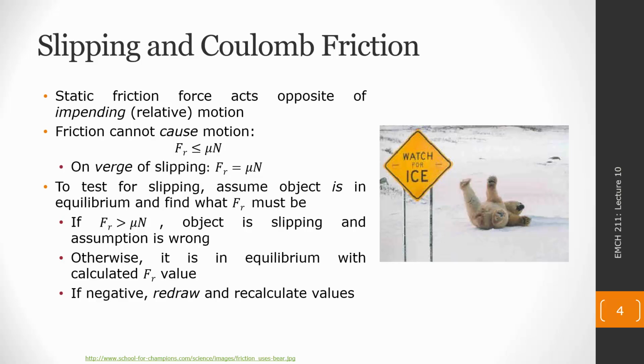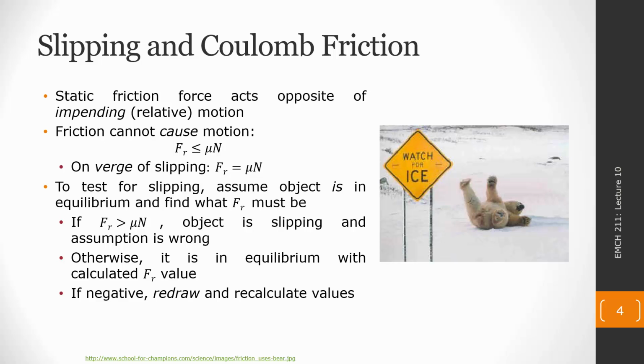So if it's unclear, we want to draw it in a direction we think is right, but when we go through the mathematics, if we find our friction force is negative, we actually do want to redraw our system, because this is a case where the math won't just work itself out because of the additional friction equations that we are imposing. If we encounter a negative friction force in our answer, we actually want to go to our free body diagram, draw the friction force in the opposite direction, rewrite our equations, and then solve it that way.